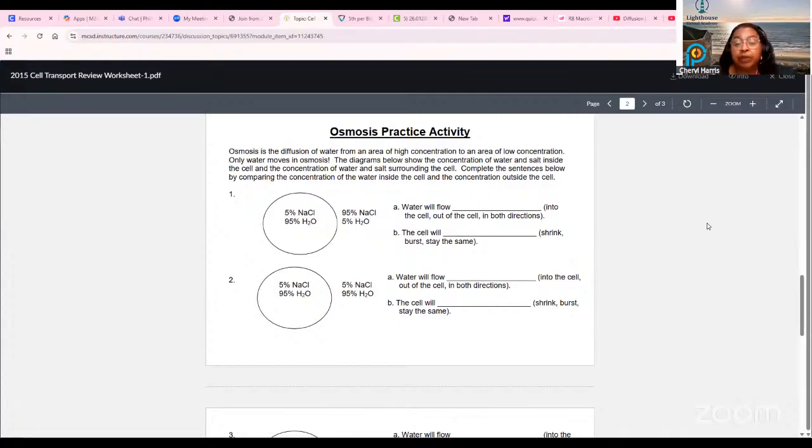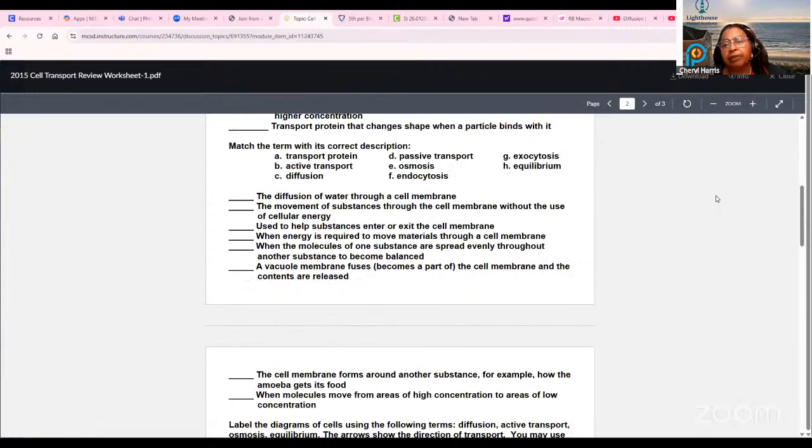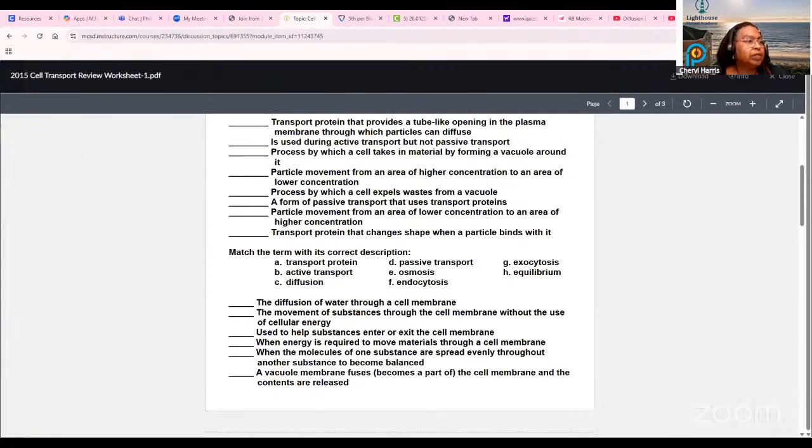Nobody should be turning the worksheet in yet, because we're going to try to go through all of these. And the fact that we're doing this together is part of our review, because this will be on the next test, the 9 weeks test. All right, so I'm going to stop sharing and let you work on that.